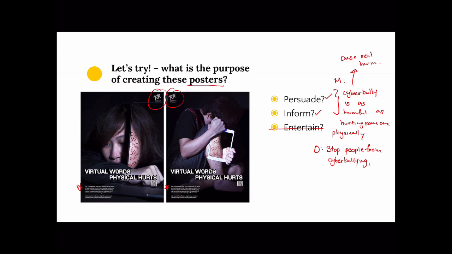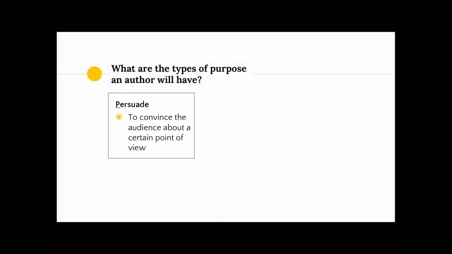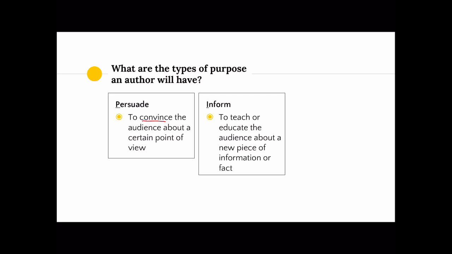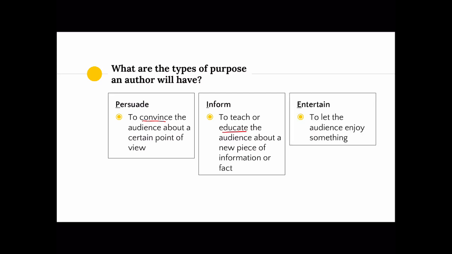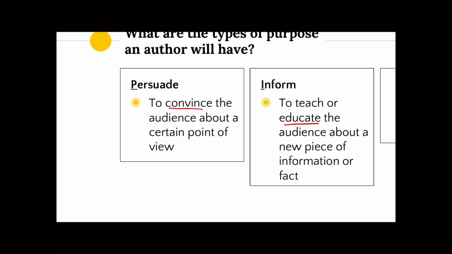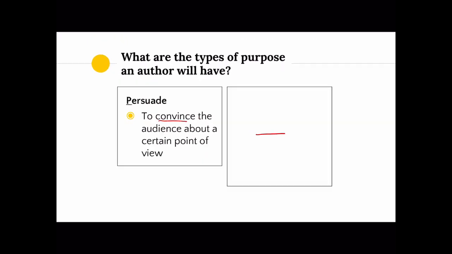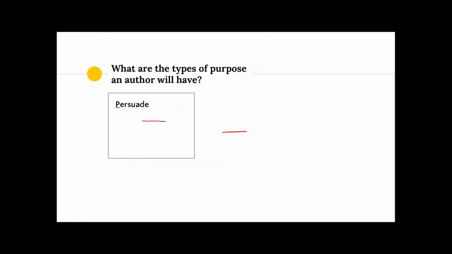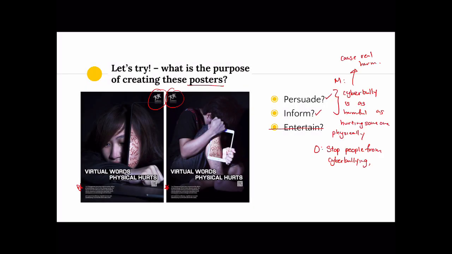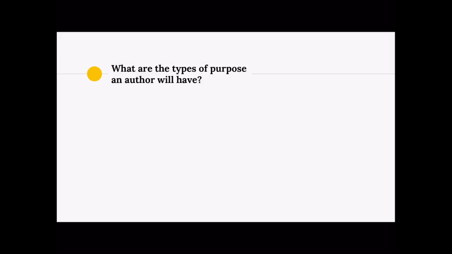Just a very quick recap. The types of purpose an author will have: to persuade and convince the audience about a viewpoint, to inform, which is to educate the audience about new information and new facts, and to entertain, which is to let the audience enjoy something. And if you remember, apart from just saying what the author is trying to convince the audience, we also talked about this: what is the outcome of the poster?